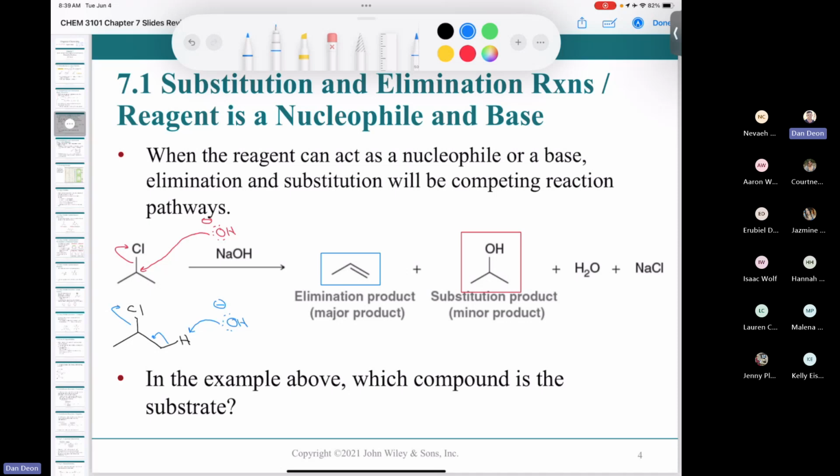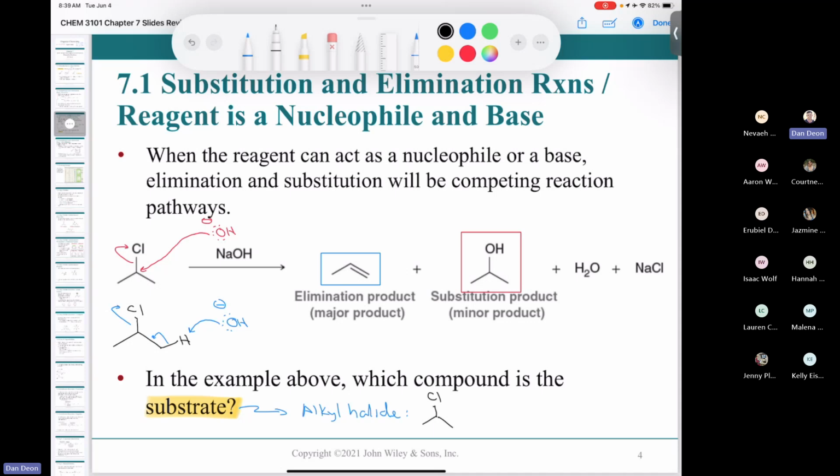So the substrate is the alkyl halide, which is the isopropyl chloride. Just so you know, in this chapter and from now on in organic chemistry, you probably have heard the word substrate used in a biology class when you're talking about enzyme catalyzed reactions, right? You say the substrate binds to the binding site, you know, anyhow.